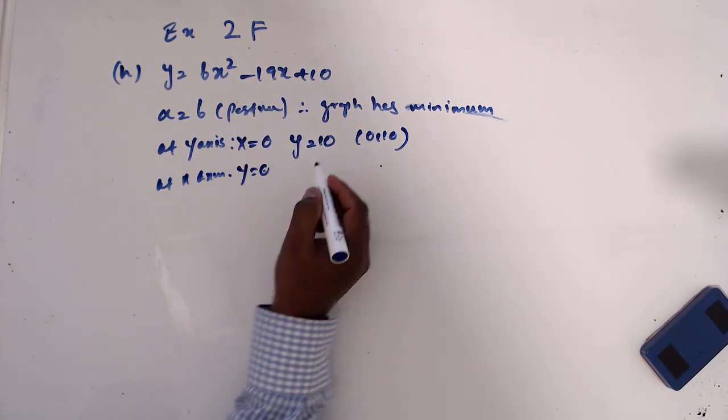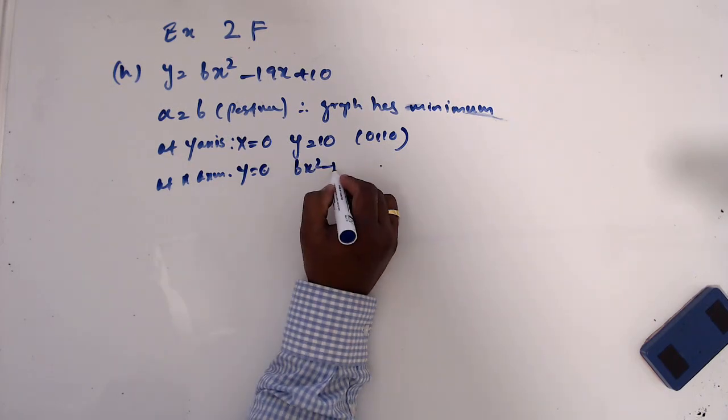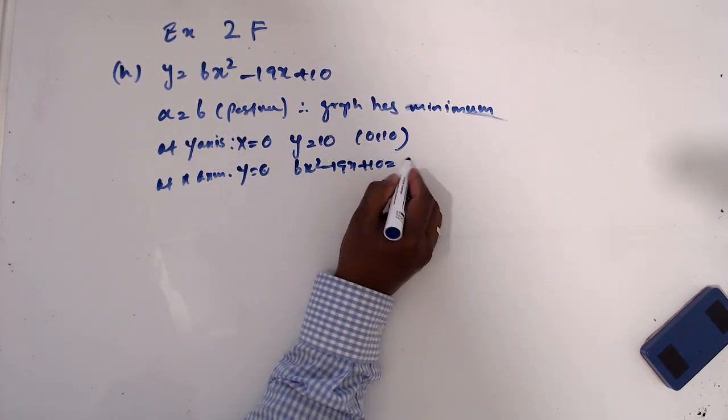Y equals 0, 6x squared minus 19x plus 10 equals 0.